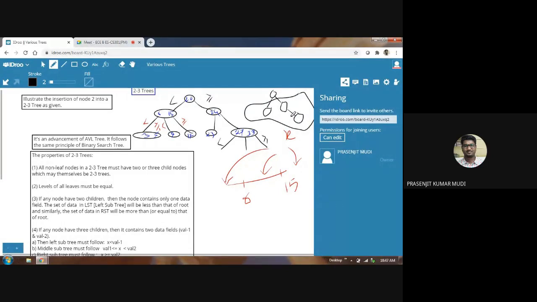These three nodes are not the direct children of this node, but they are inserted like this. And what happens is that the height corresponding to this node is increased.